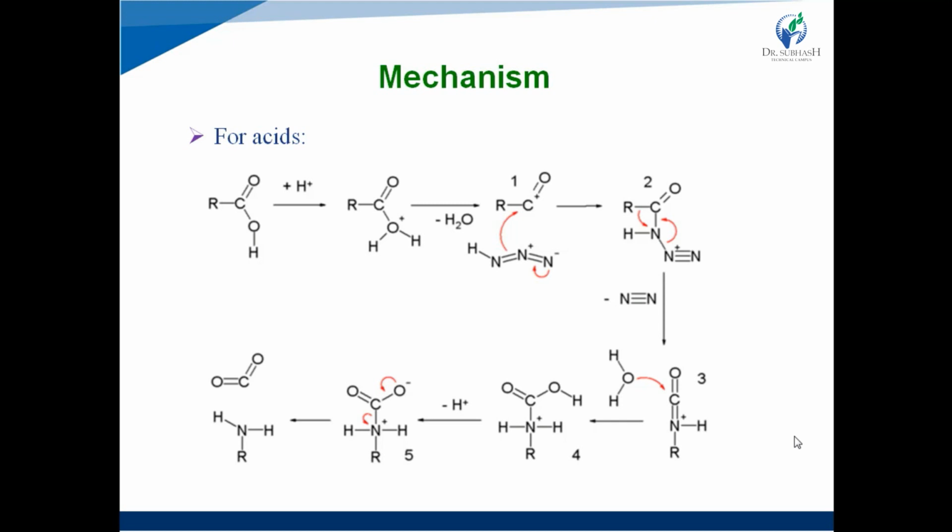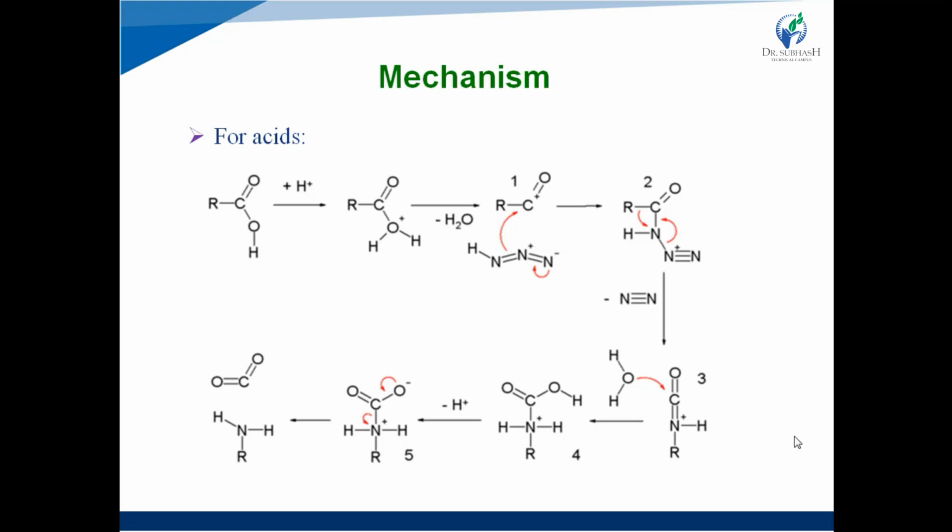Now, due to this protonation, oxygen of the OH group acquires positive charge. Positively charged, oxygen becomes unstable and tries to regain its electron. So the bond between carbon and oxygen will break, and it releases the water molecule.